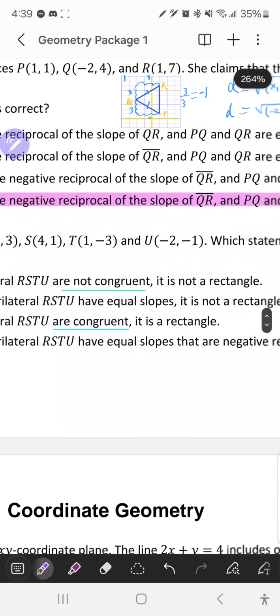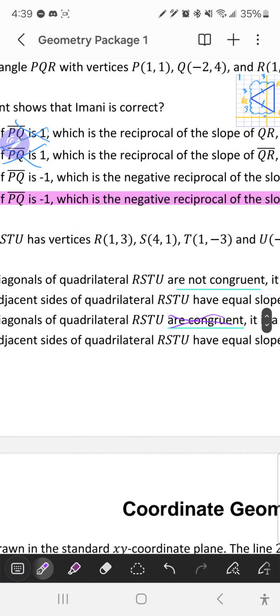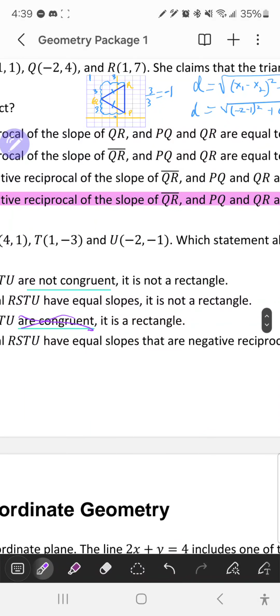So okay, it says that they are not congruent, but it also says that they are congruent, so this is out. When they say that this is not a rectangle, we need to prove that first.